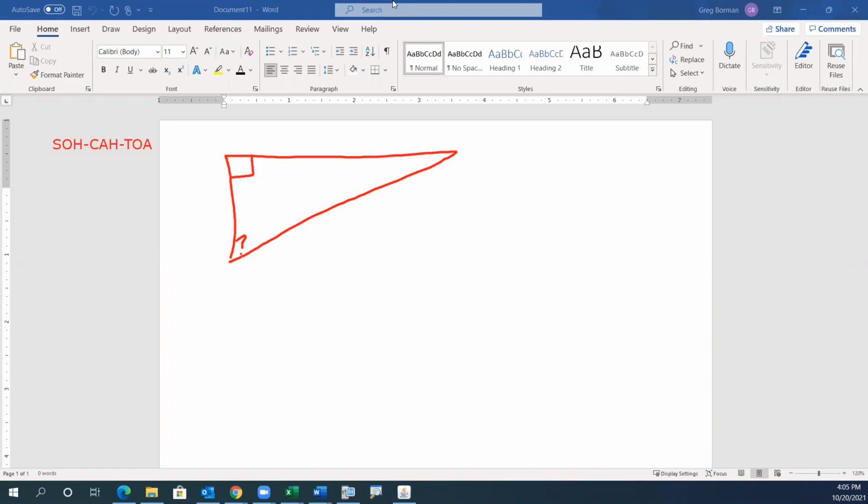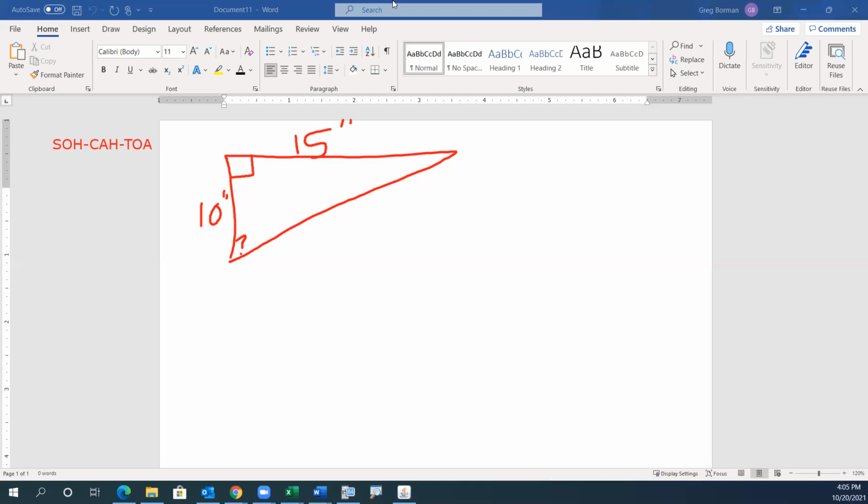Now I'm looking for an angle, and therefore the two things I know are sides. So maybe this is 10 inches and this is 15 inches. What is the angle? Like I said before, the only things you're allowed to plug into sine, cosine, and tangent are angles.